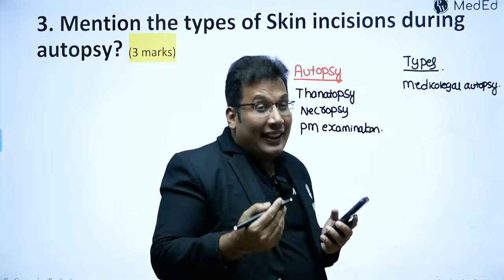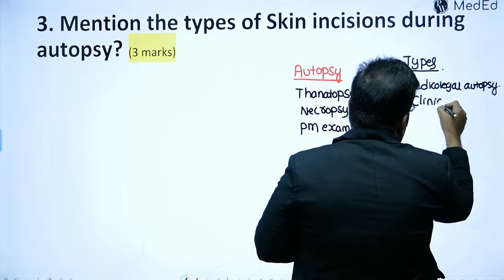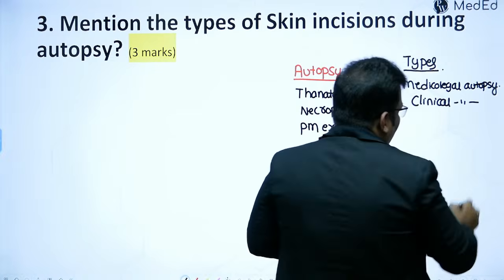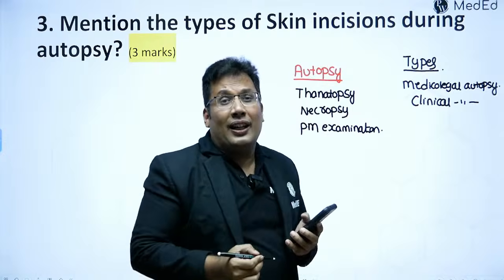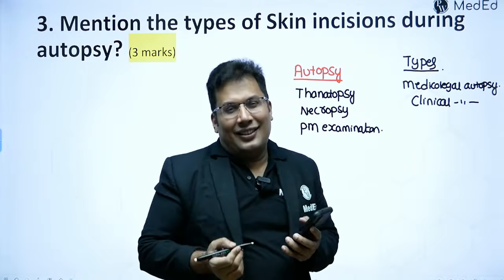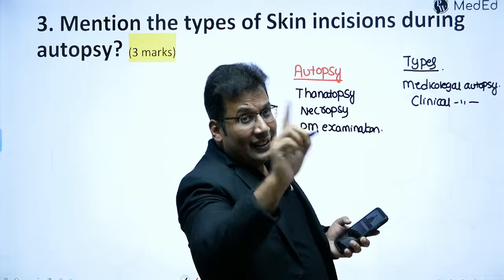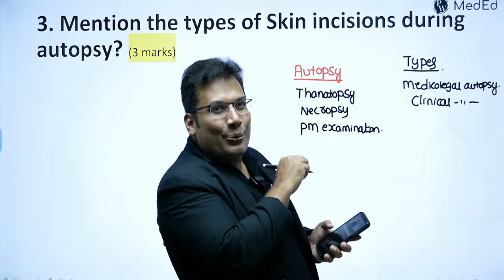The second one is the clinical autopsy, conducted by a pathologist to find out the pathogenesis. Consent is very important in a clinical autopsy. Consent is not required in a medico-legal autopsy.